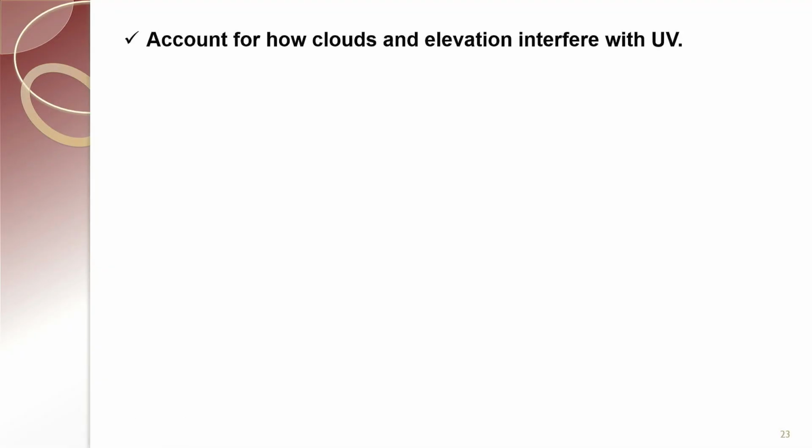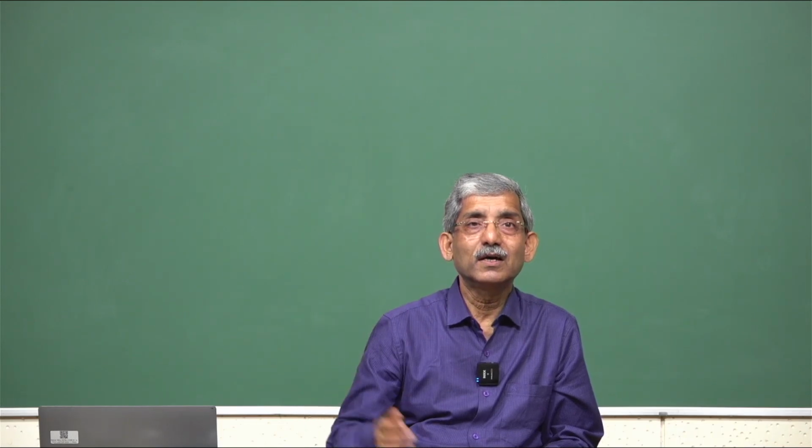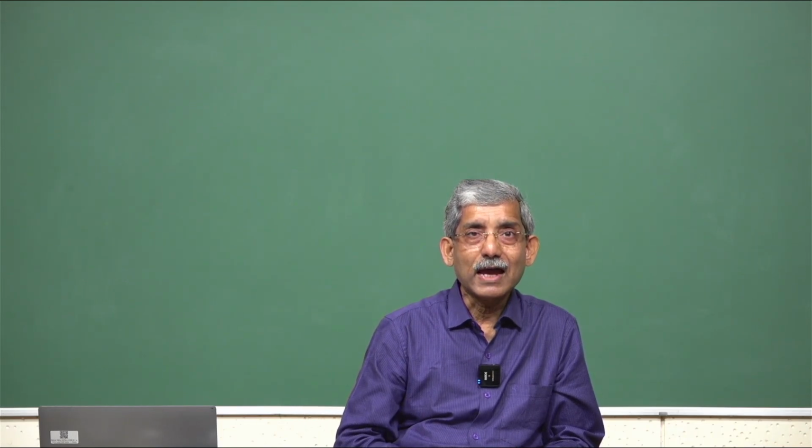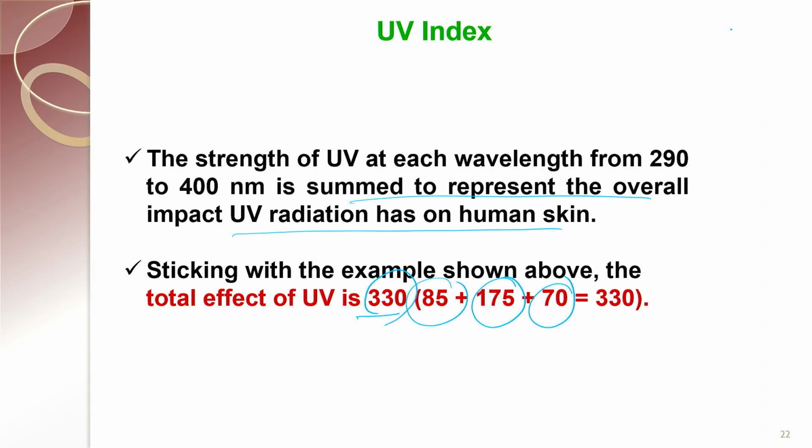Now, UV ray will actually change with the cloud cover and elevation. So, 330, which we have assumed, you can go back, was assumed without any cloud cover and at the sea level.